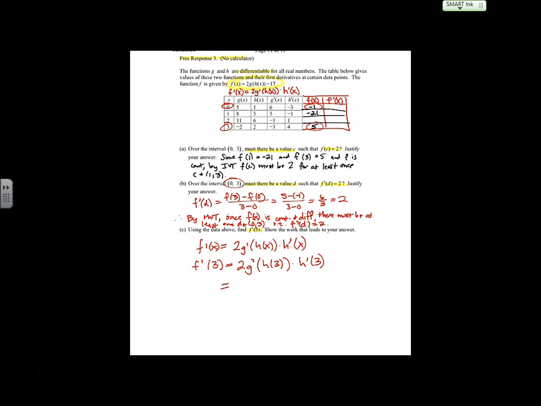For my little table, what do we see? H of 3 is, exactly, so I can do 2 g prime of 2 times h prime of 3 is 4. So I can do 2 times g prime of 2. It's negative 1. Yes, you should be able to do this multiplication. I have full confidence that normally you would, but your brain at the end of a long AP test, I'm not so sure.